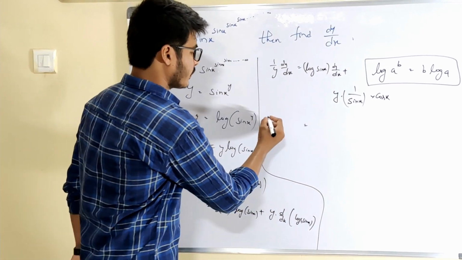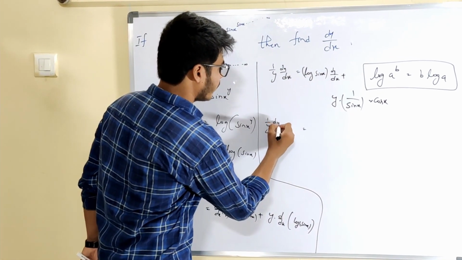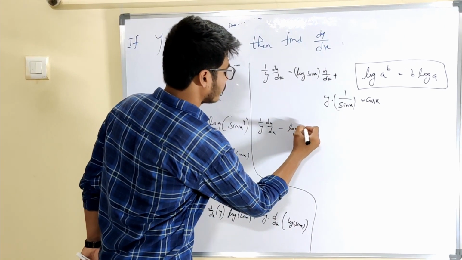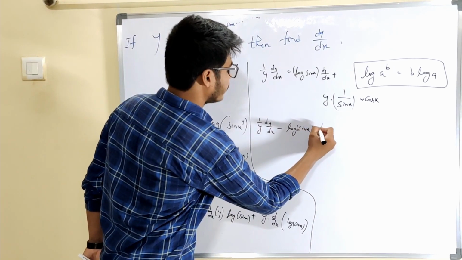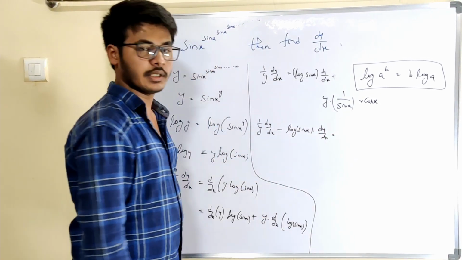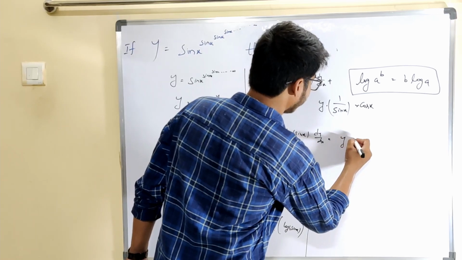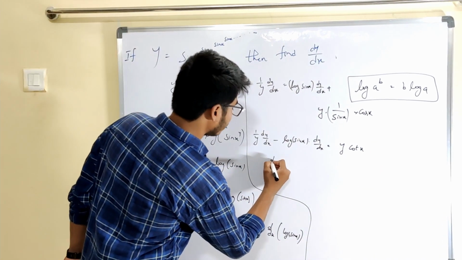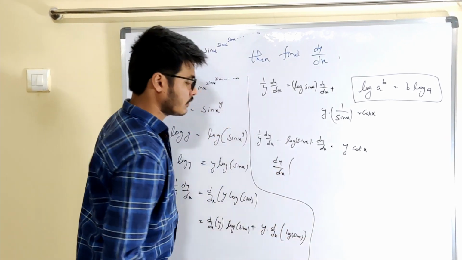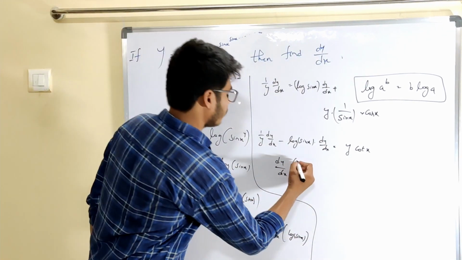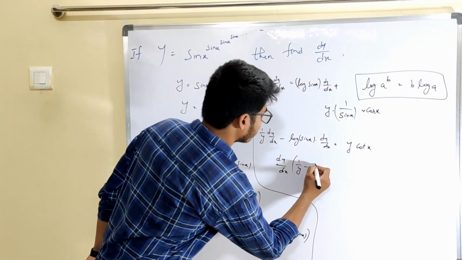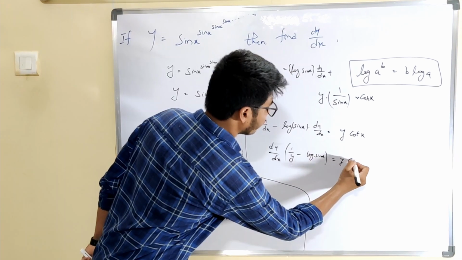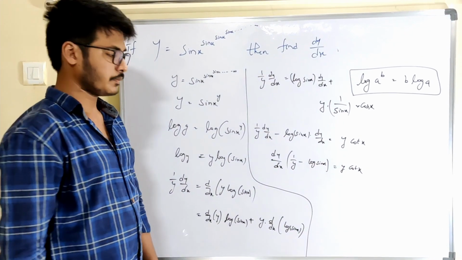So here 1 by y into dy by dx minus log sin x into dy by dx is equal to y into cot x. So dy by dx is taken common here. dy by dx into (1 by y minus log sin x) is equal to y cot x.